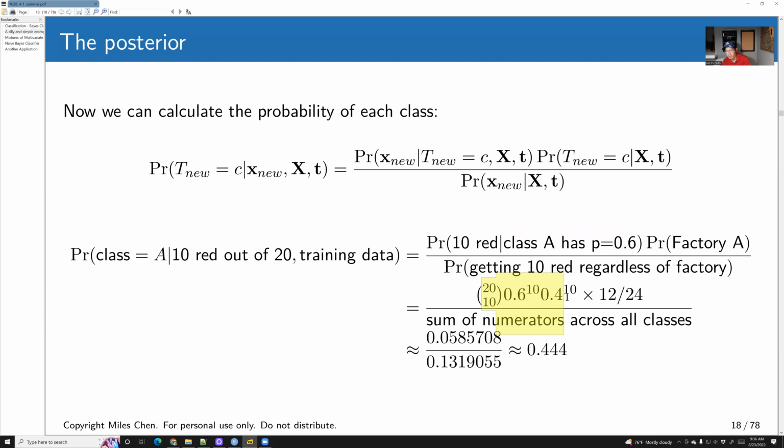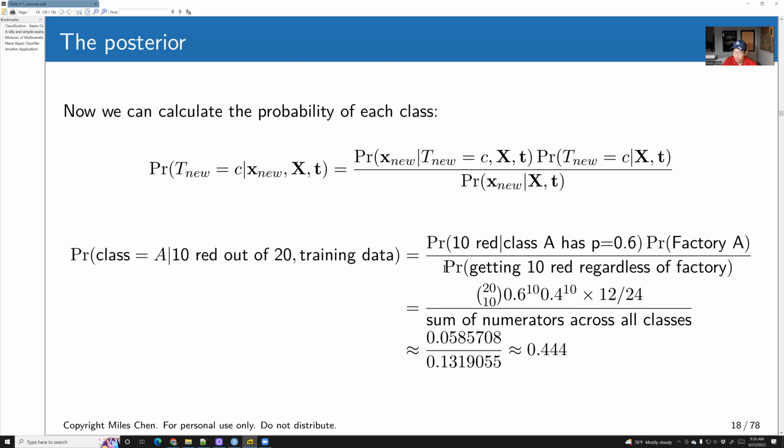That's the binomial: 20 choose 10, 0.6 to the 10 times 0.4 to the 10. Multiplied by the prior probability, which is the probability that it belonged to factory A. According to our training data, that was just 12 out of 24.